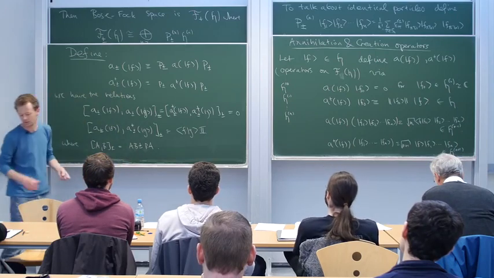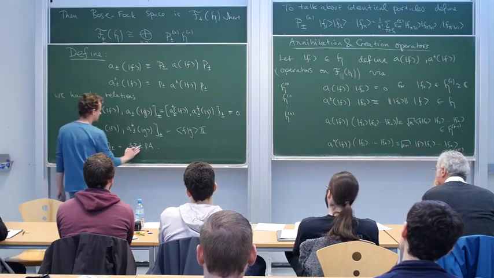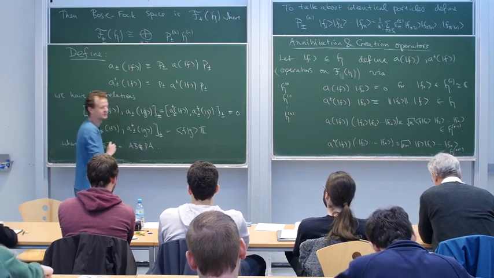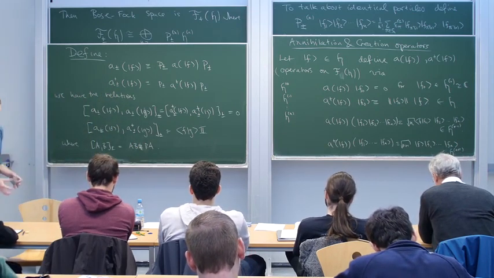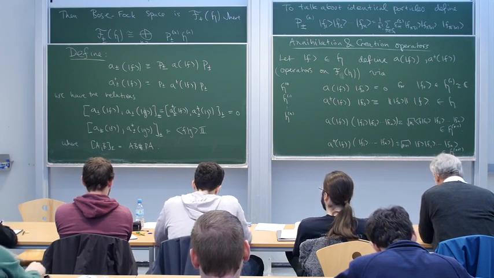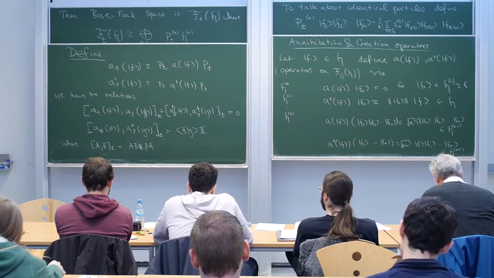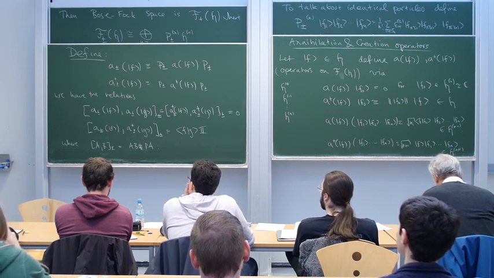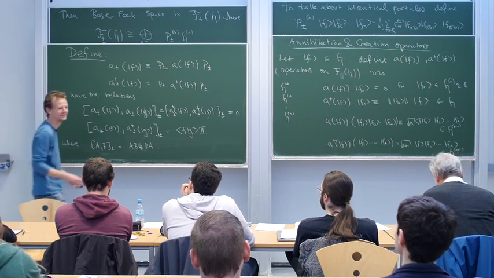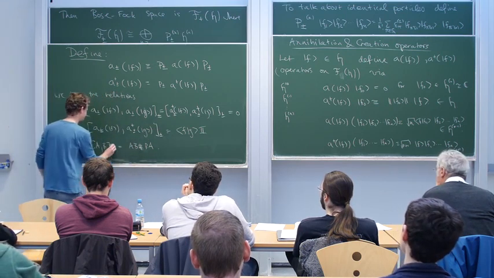Should it? Oh, you're right. Yeah, thank you. It should be minus plus, shouldn't it? Because we have bosons, which have a commutator, and fermions, which have an anti-commutator. Thank you. Yeah, that's absolutely correct. Or, okay, I guess the notation's correct, but it's not what you want. So let's change it around, shall we?